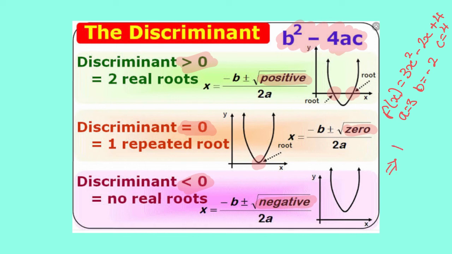Therefore, b squared minus 4ac is equal to minus 2 squared minus 4 times 3 times 4, which equals 4 minus 48, since 4 times 3 is 12 times 4 is 48, which is negative, therefore 0 roots.